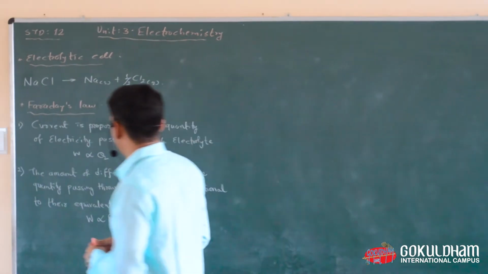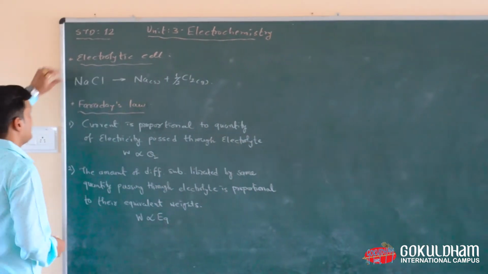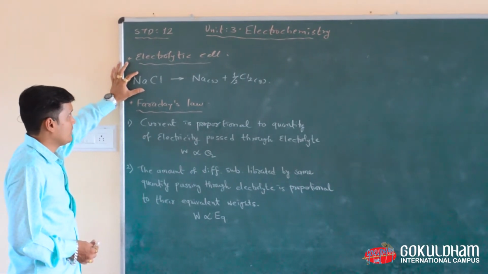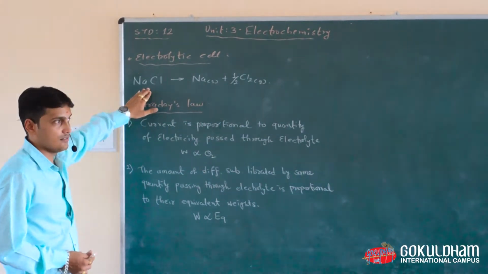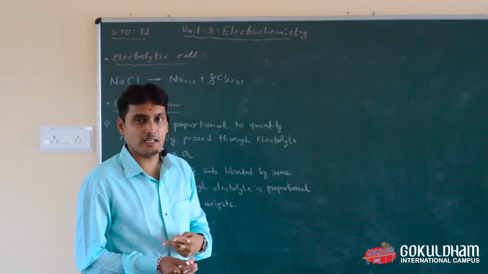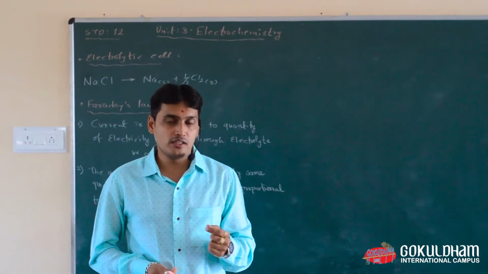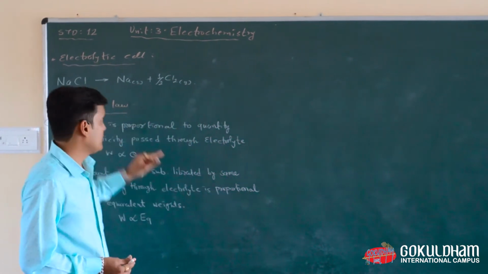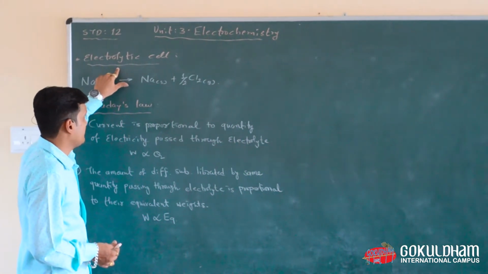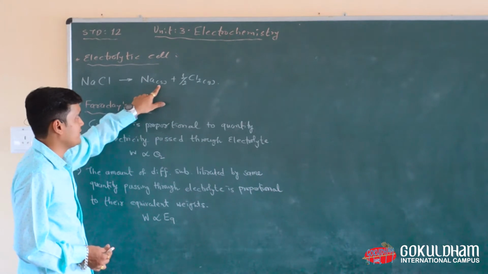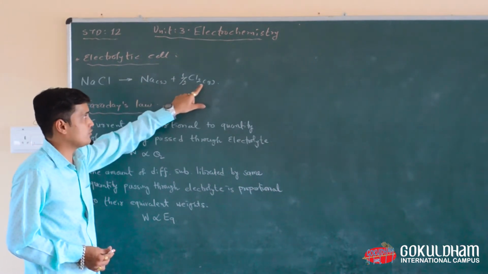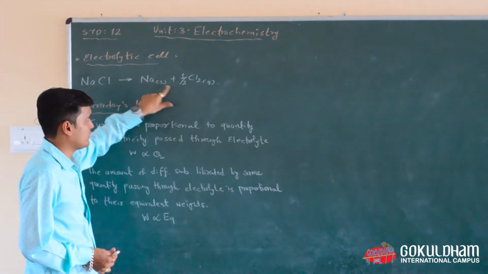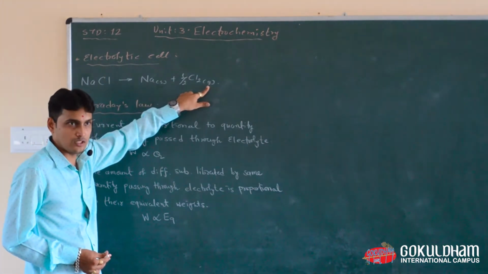The first example in the electrolytic cell is NaCl. Suppose this NaCl is used in an electrochemical cell, then your products will be Na+ and Cl- ions. But in an electrolytic cell, you get Na solid plus 1/2 Cl2 gas, which means you get solid and gaseous products.